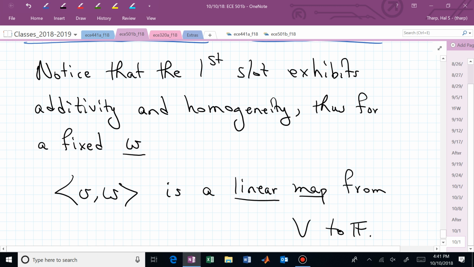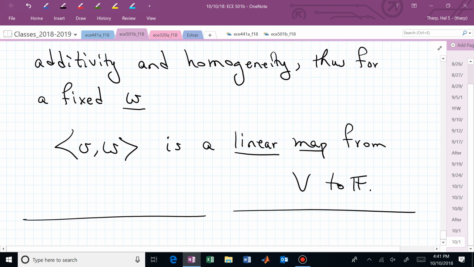That's assuming now that you fix that w, some vector in your vector space.